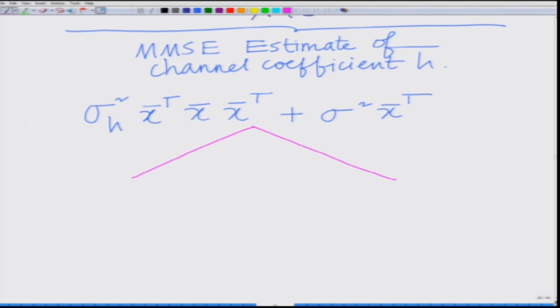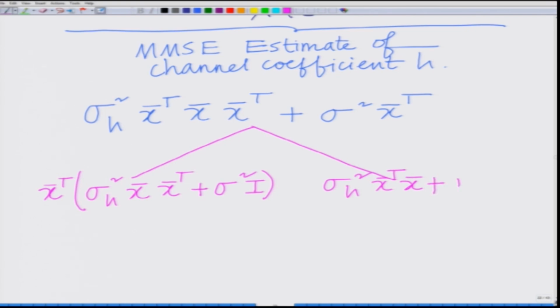So, if I extract x bar transpose on the left, what I am going to have is x bar transpose into sigma h square x bar x bar transpose plus sigma square times identity, and if I take x bar transpose common on the right, then I am going to have sigma h square x bar transpose x bar plus sigma square times x bar transpose, and naturally both these quantities are equal, because they are simplifications of one and the same thing.